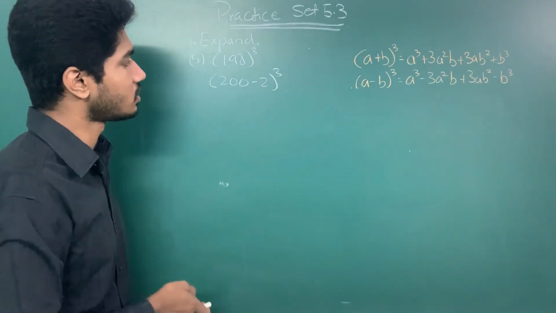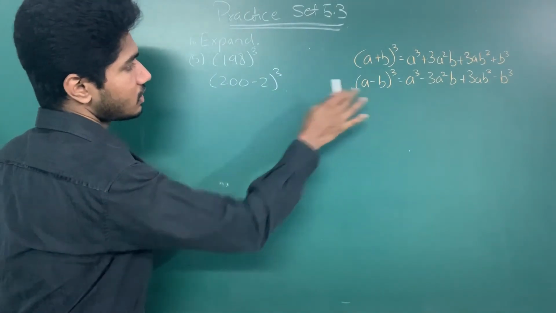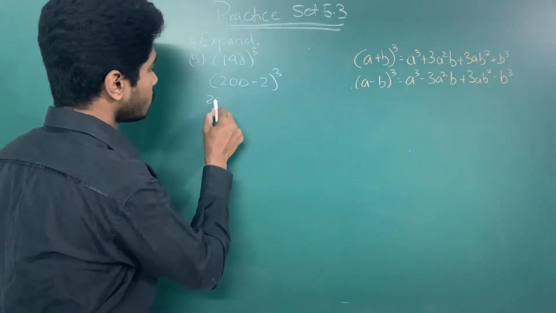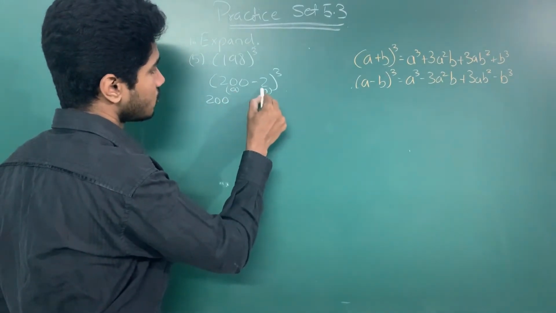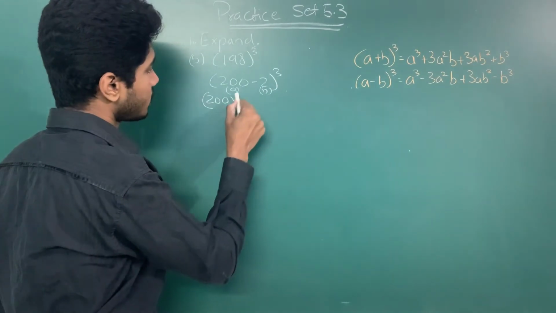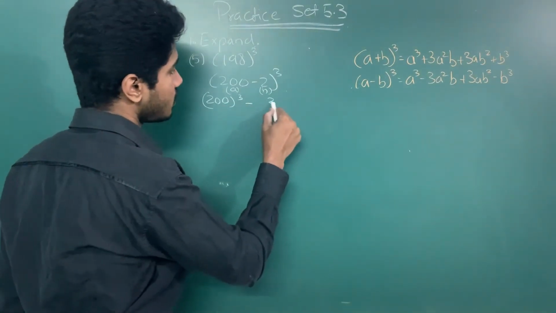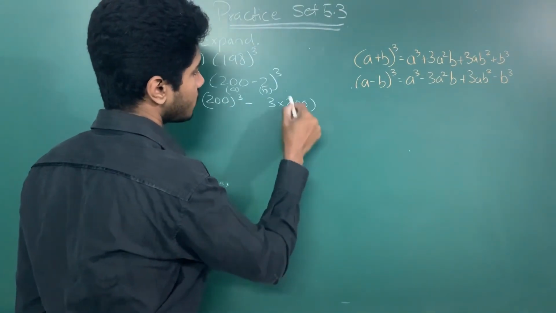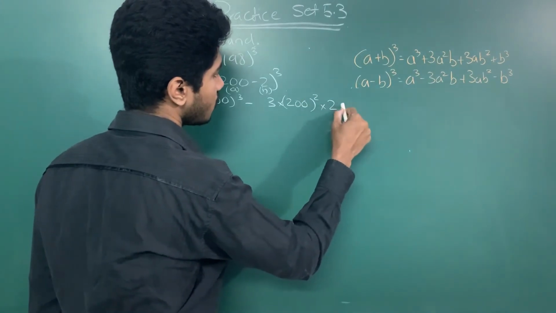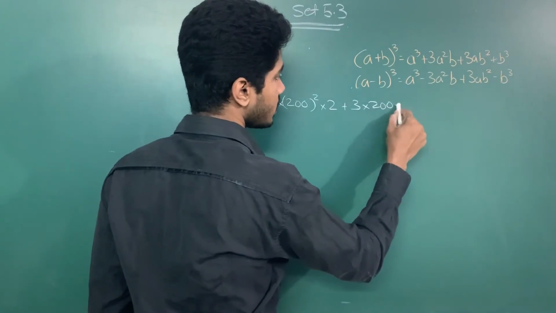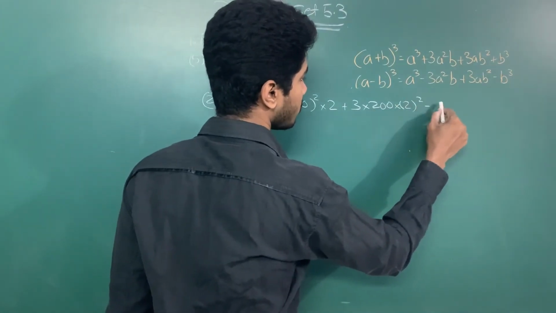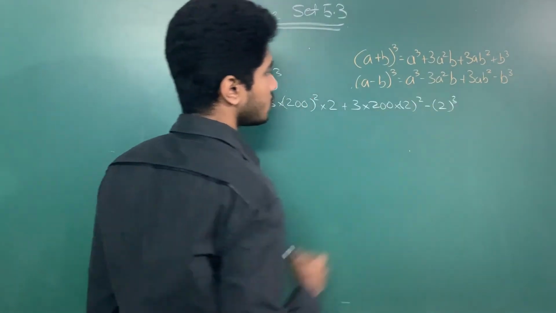फिर आपको बस 0 ऐड करना होता है. So let's apply this formula. So 200, यहाँ पे A is 200 and B is 2. So 200 the cube minus 3 into 200 the whole square into 2 plus 3 into 200 into 2 the whole square minus 2 the क्यूब.